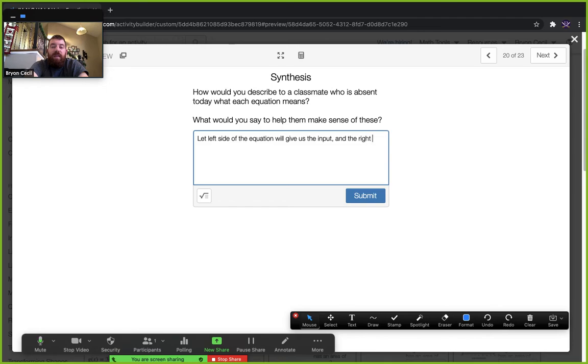And the right side of the equation will tell us what to do to the input to get the output, right? So if it says f of 2 equals 2 plus 3, that's basically telling you that, hey, take that 2 and add 3 to it to get 5. All right?